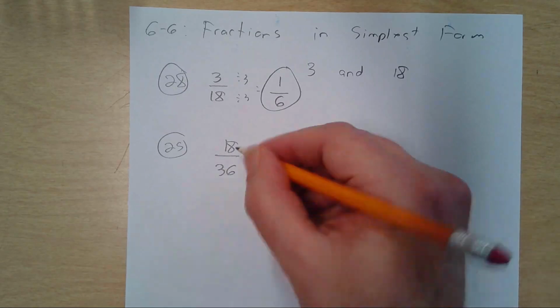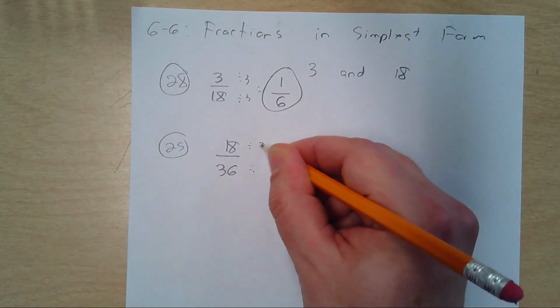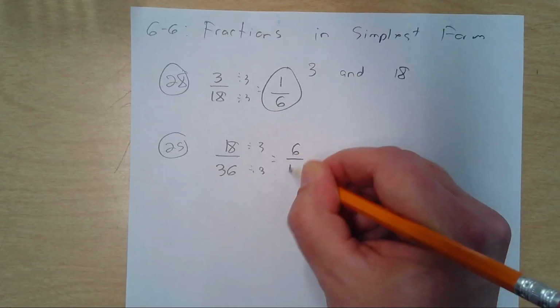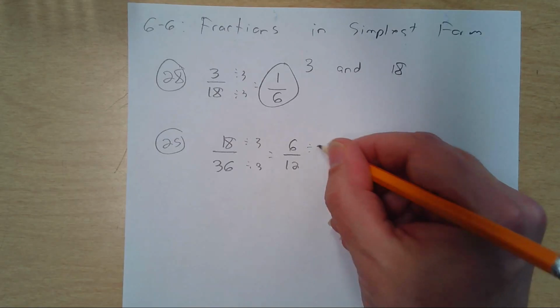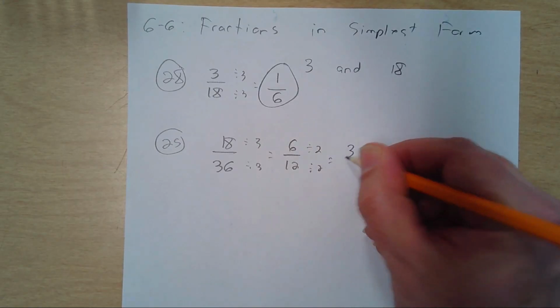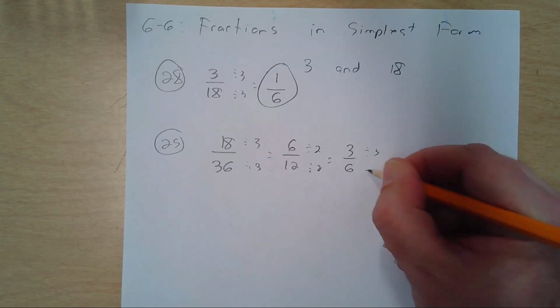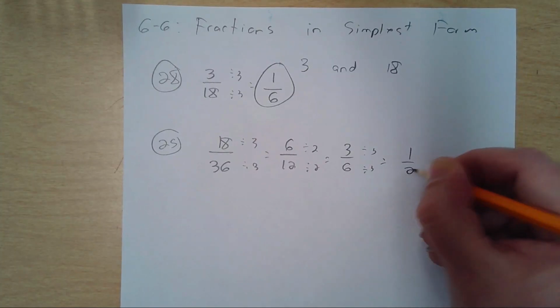I could divide both of these by 3, and then I end up with 6 over 12, which is simplified somewhat. But I should be able to look at it, divide this by 2, or whatever you see, 3, 6, and then divide by 3 again. I still get to 1/2.